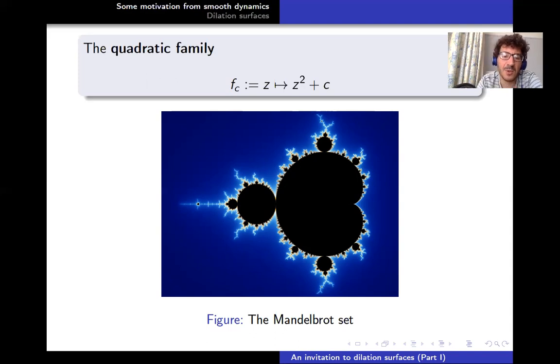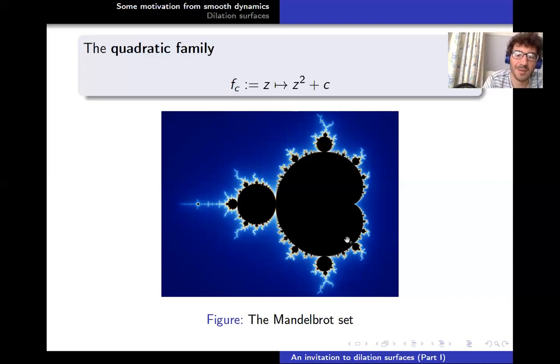The only reason why I wanted to mention this is that maybe you will agree that this is a fairly simple family of dynamical systems, at least in terms of how to define it. You don't need more than a degree 2 polynomial, and it yields this rather complicated figure. And maybe if you know a bit more about the history of this problem, this is a very complicated problem.